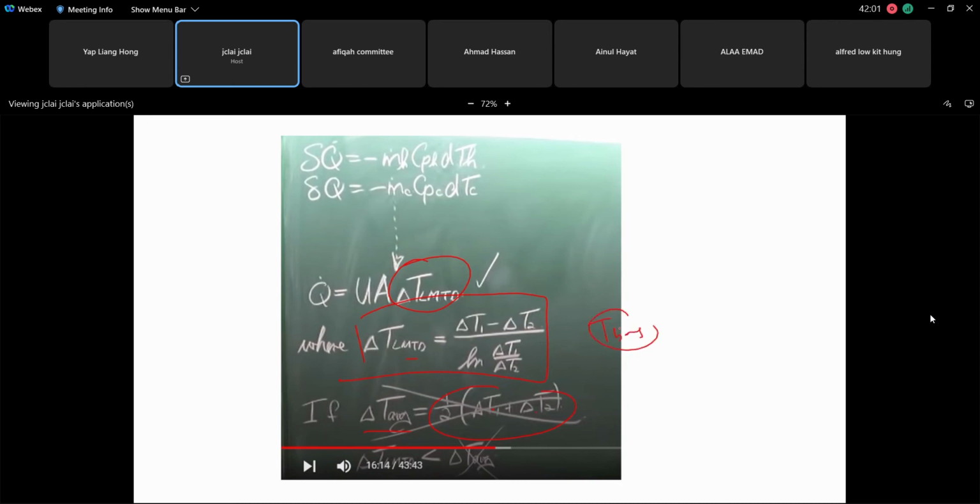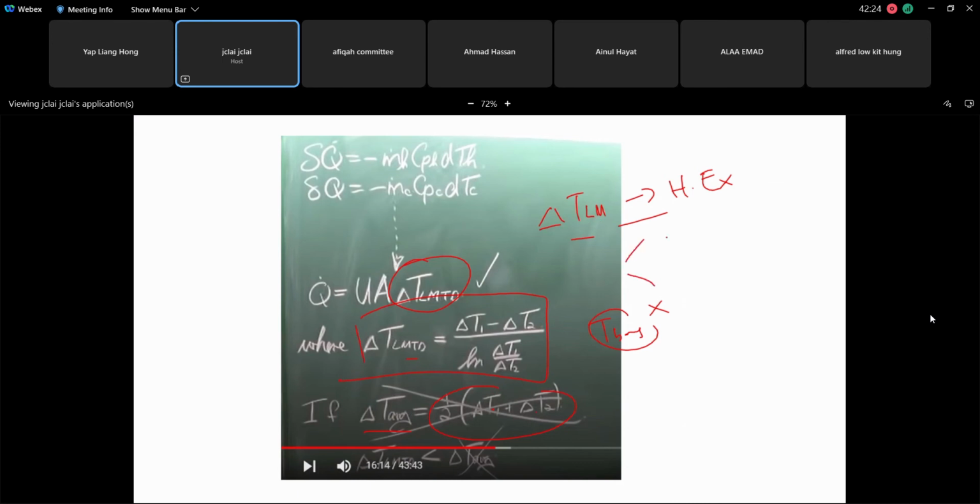This is only for pipes. You cannot use it for a heat exchanger. For a heat exchanger, no choice. You must use delta T log mean. You must use it for a heat exchanger. Must. Remember, but the difference for a heat exchanger depends on type.